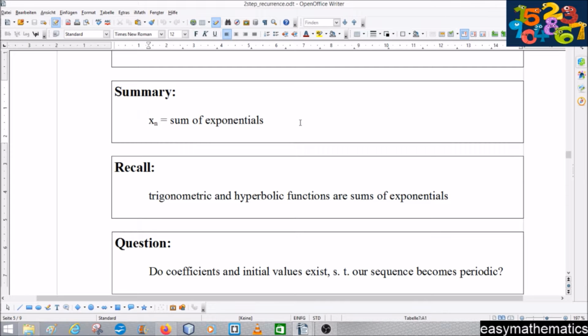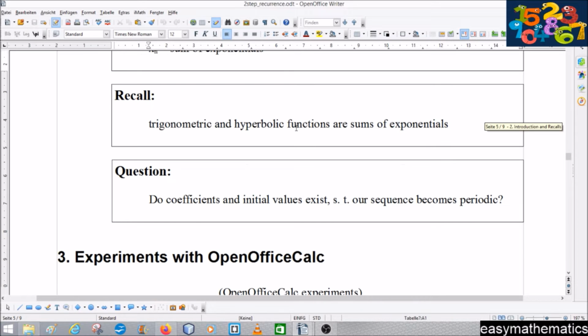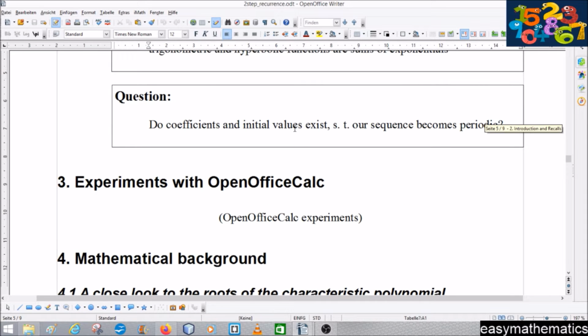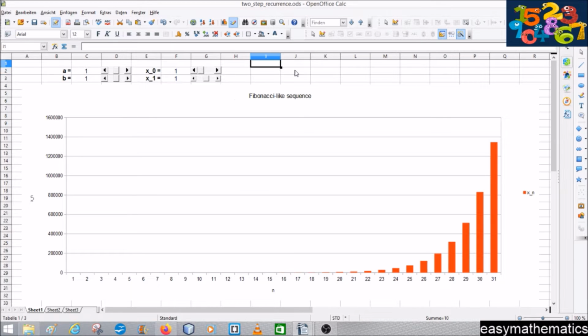Maybe you've seen this. And this leads to the question, do coefficients and initial values exist such that our sequence becomes periodic? Now, this is a very nice question. And yeah, let's make an experiment with OpenOffice Calc. So I've prepared a graph.